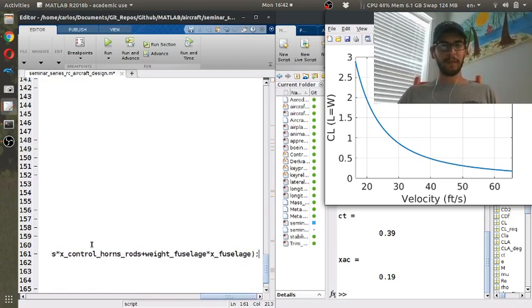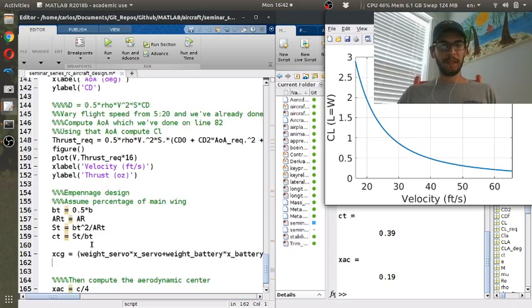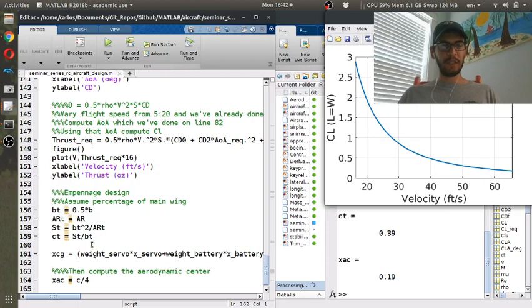So again, X is the location of the CG of a particular component, and then you divide it by the total weight, and that is going to give you the CG in feet.